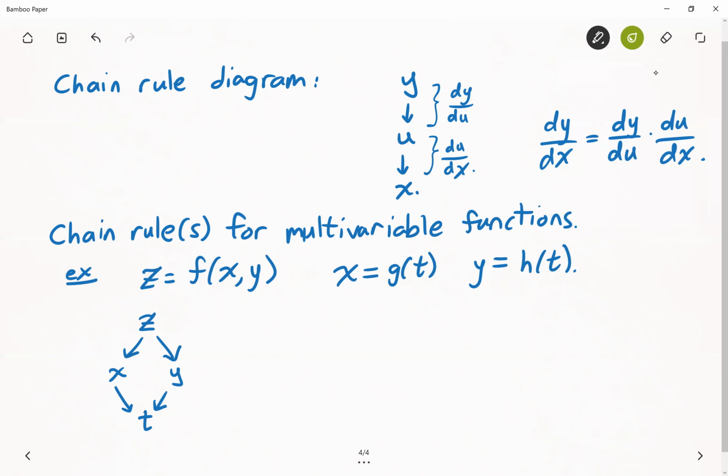There are lots of different derivatives we could calculate here. For instance, on the left side, we could calculate dx dt. That tells us how changing t changes x. We could also calculate dy dt. These two functions g and h are single variable functions, so we can calculate their derivatives using the rules from good old Calculus 1.